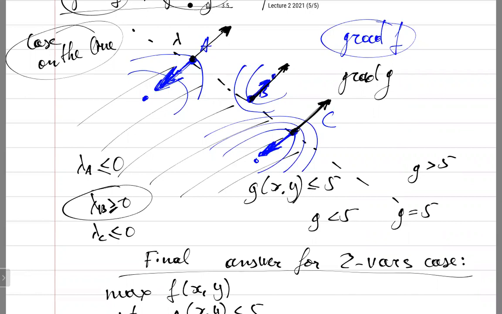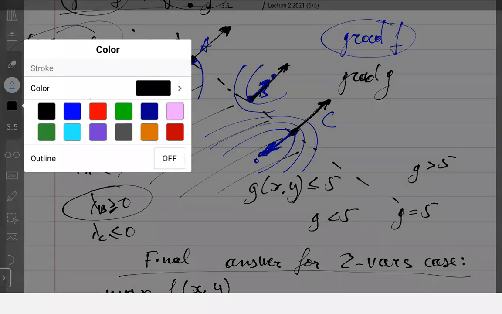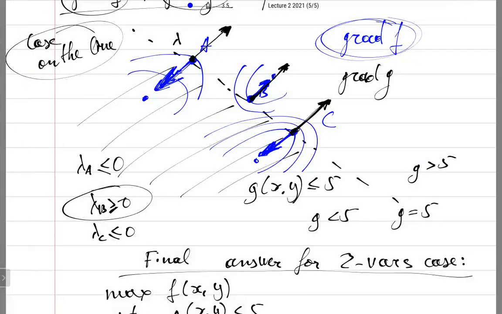Second, geometric interpretation of gradient: the gradient shows me the direction in which the rate of growth of the function is the highest. Okay, once again, using these two ideas, we draw the gradient of f.